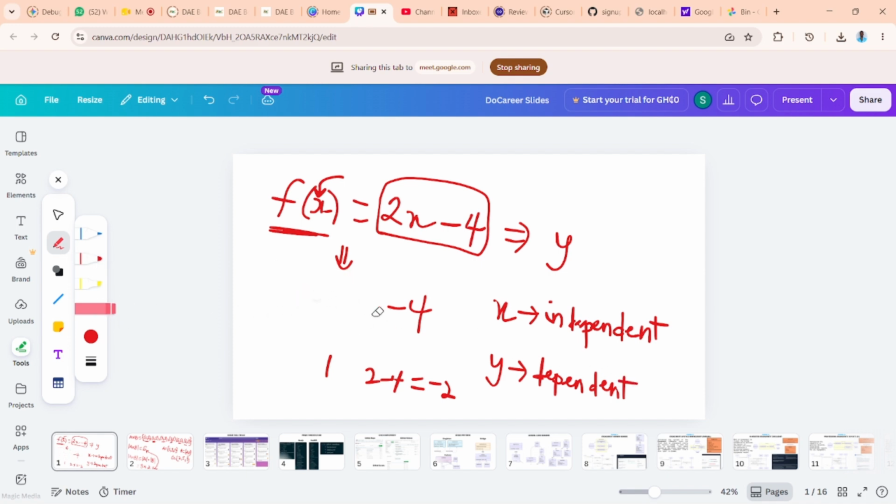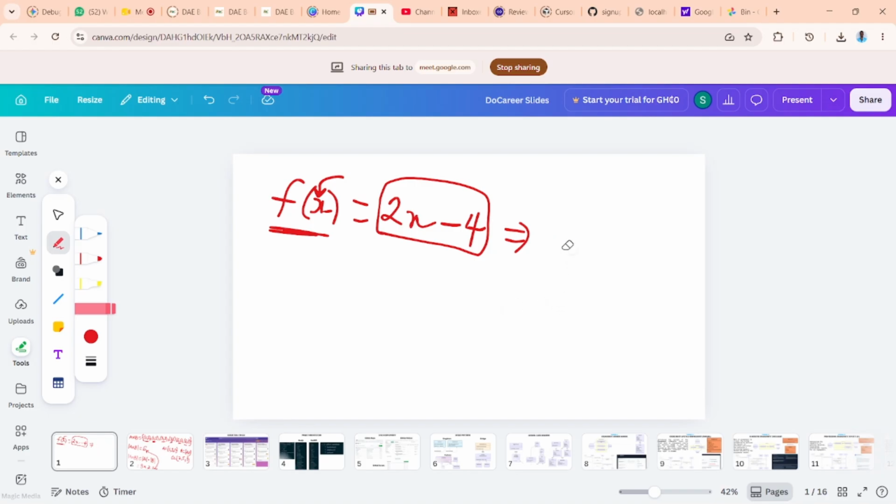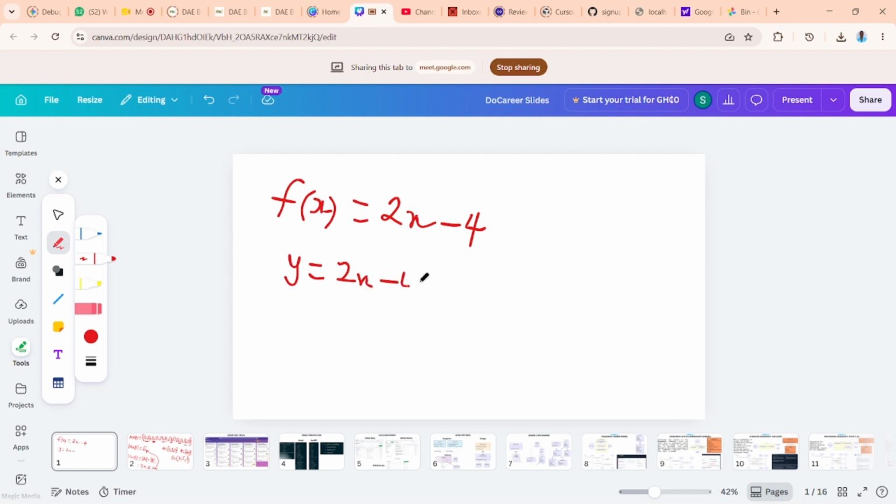But now we are going to do something called calculus, like there is differentiation. So if you are differentiating a function, all right. Differentiation basically means like difference, right? So I'm going to write y is equal to 2x minus 4.